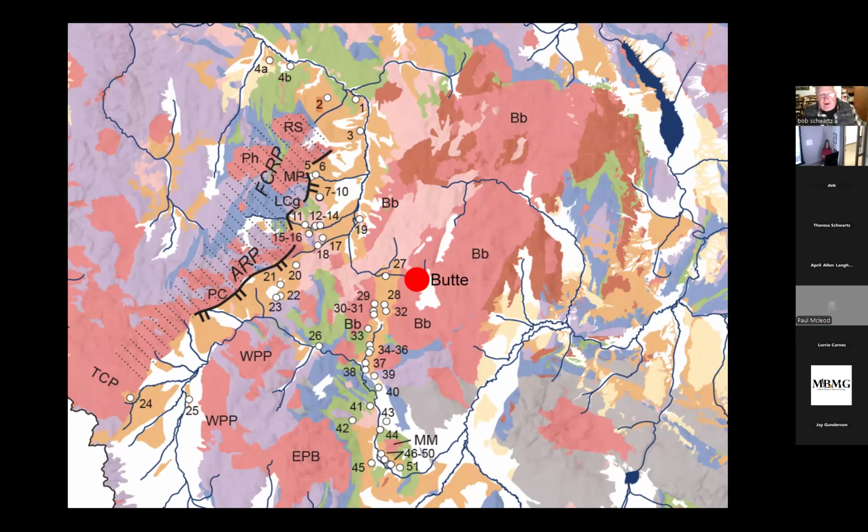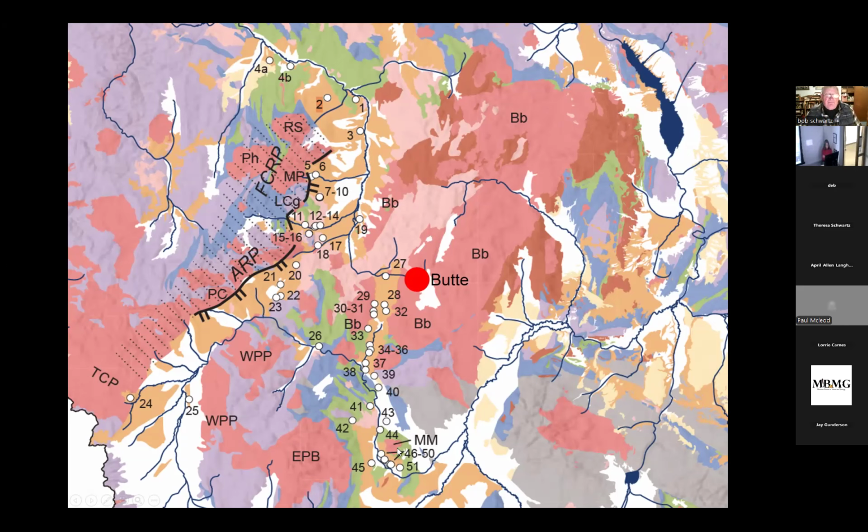Geologic map of the study area. We looked at 51 different sites in detail, as well as a number of other sites in a cursory manner. Basins are in this pale brown area. This would be the Deer Lodge, Deep Creek, Divide, and the Melrose Basin down here.